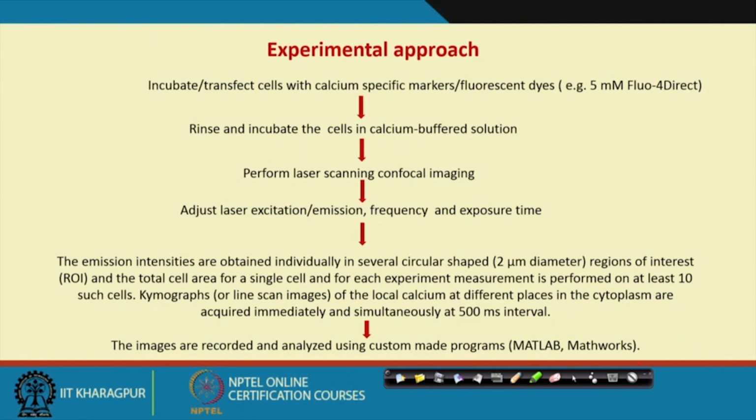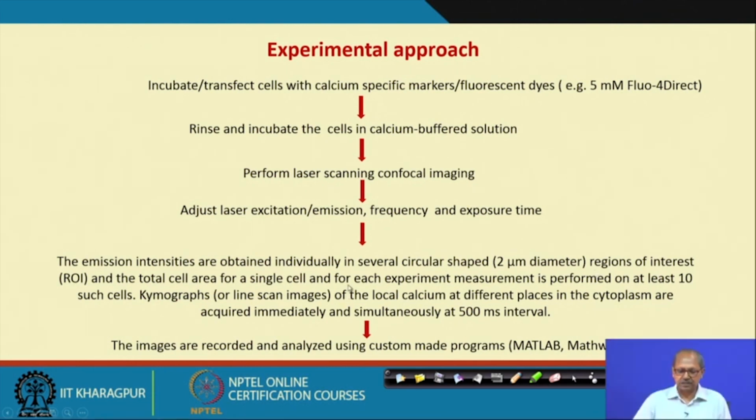Then confocal microscopy is performed after fixing the laser excitation and emission frequency, then the exposure time. Exposure time is very important because if biological samples are exposed for a long time, the fluorescent intensity will be bleached. Then we can fix a region of interest or circular separate regions of interest.